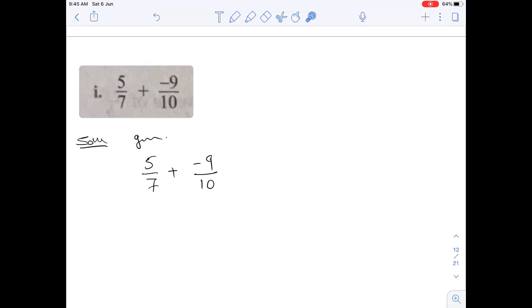When we have different denominators, we have to find the LCM, that is the least common multiple, and make the denominators the same. Another method of solving this question is simple cross multiplication. Right now we will prefer the cross multiplication method. We multiply this 10 with this 5, 7 with this minus 9, and 7 and 10 with each other. I am writing it again over here.